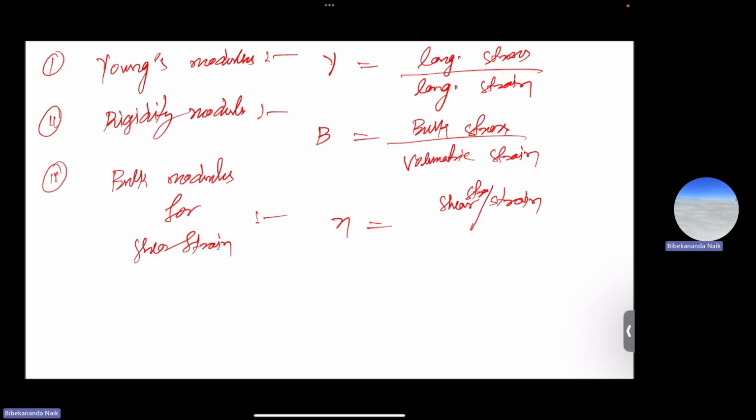So depending upon the types of stress and strain, the modulus of elasticity is defined.